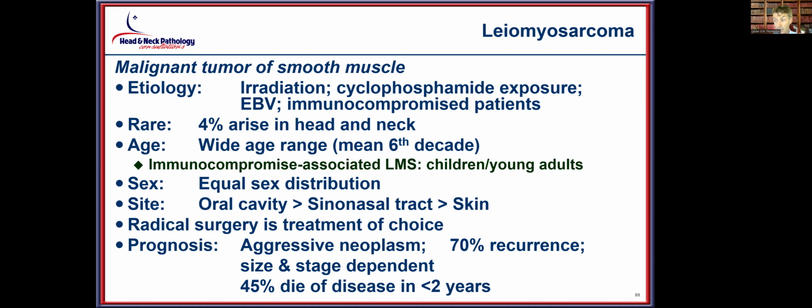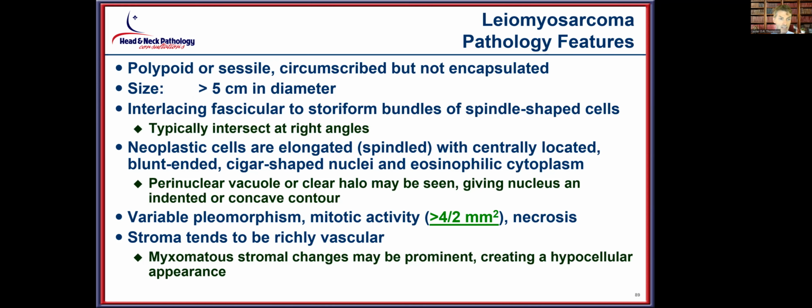When that occurs, by the way, it does tend to be more frequently seen in younger patients than generally in leiomyosarcoma of other distribution. The oral cavity or sinonasal tract skin can certainly be affected. It's quite an aggressive neoplasm and, of course, quite stage dependent.